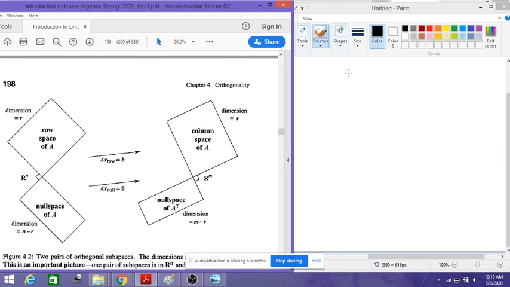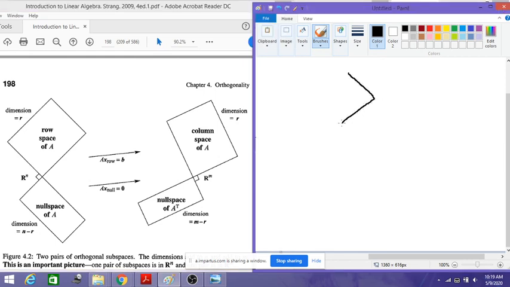Something like this. This is our row space, I'll just write it as R, and we have the column space here. I'll write this as the representation C of A transpose, because that is how we represent this, and N of A is the null space.